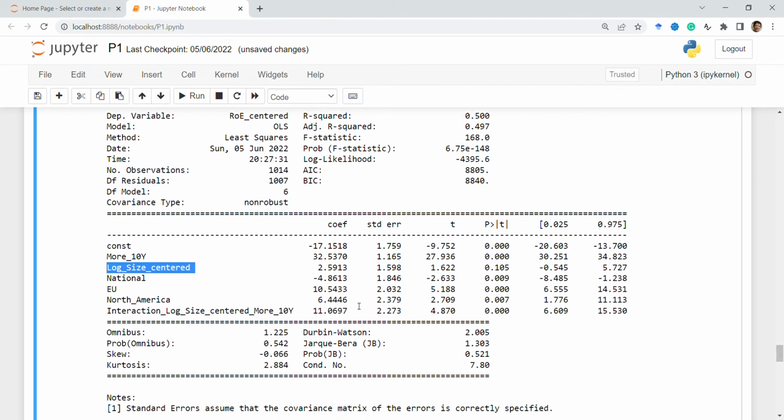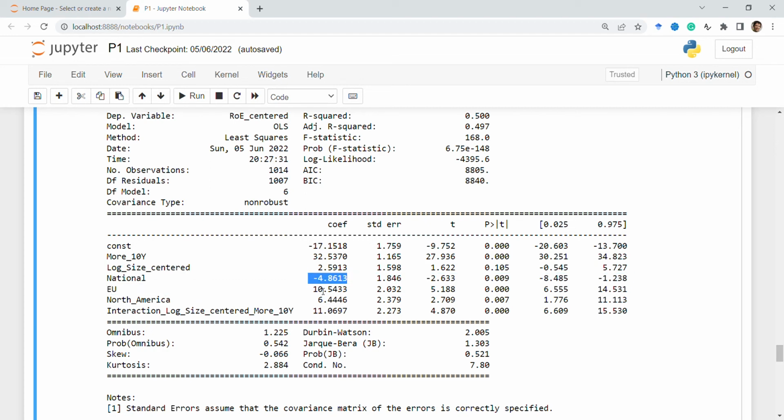And then, for instance, it is also interesting to see these things. National offices are consistently worse. You see that the p-value is small, so this is a significant value.